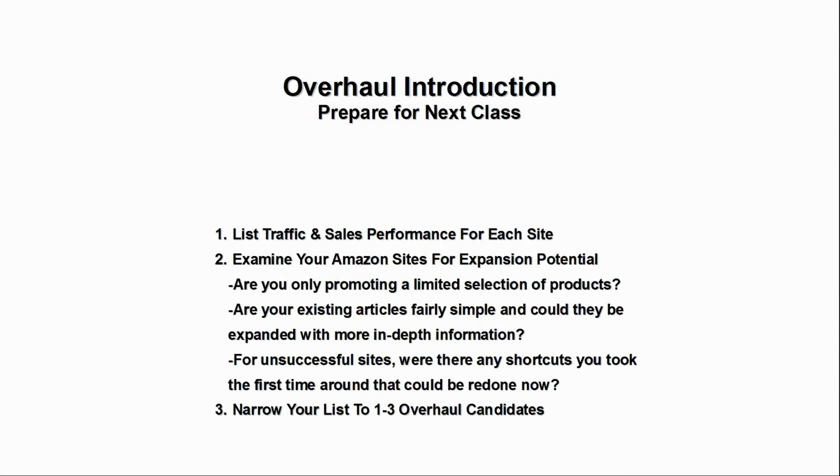Number two, are your existing articles fairly simple, and could they be expanded with more in-depth information? This can lead you to expand your existing pages of your website to be able to target some additional keywords that relate to that specific page. These might be things like long tail keyword phrases.